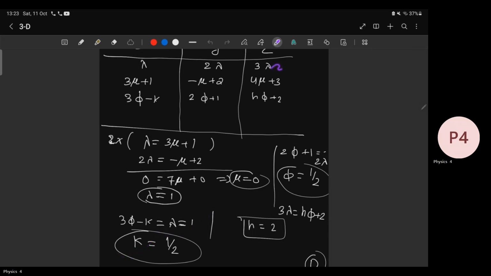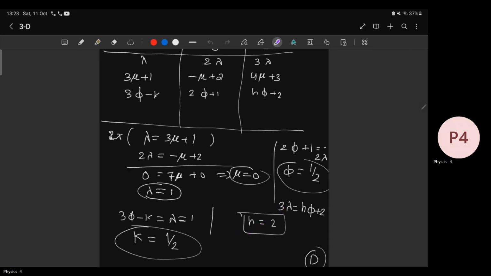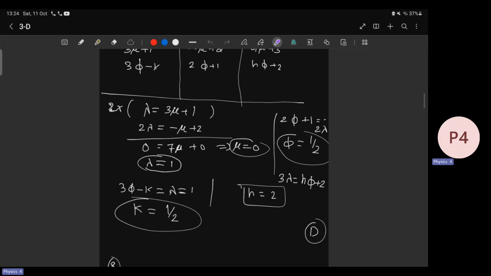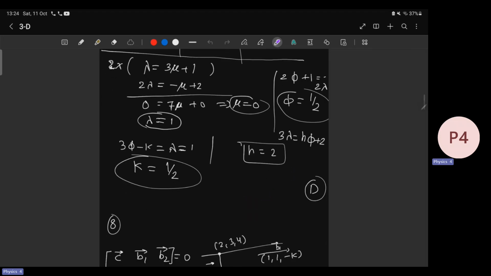Similarly, this is equal to this. So 3 lambda equals h phi plus 2. So from here, we got the value of h equals 2. So option D is the correct answer. The value of h is 2 and the value of k is half. All right. I hope it is clear.